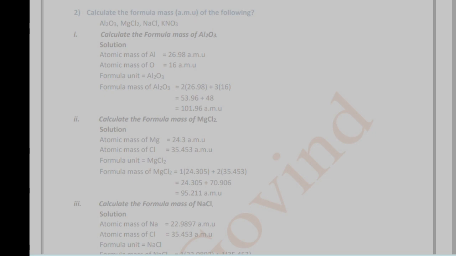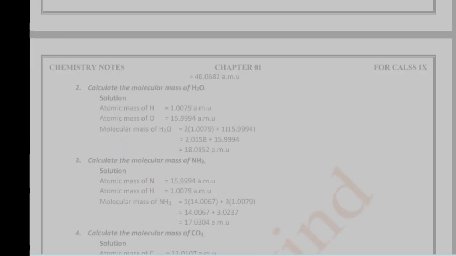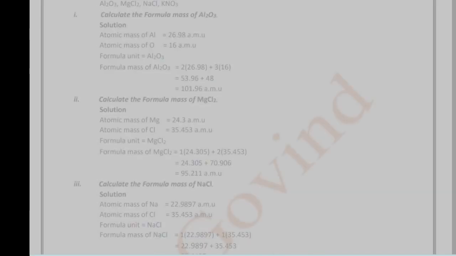Chemistry Notes Chapter 01 for Class 9. Question 2. Calculate the formula mass, in a.m.u., of the following: Al2O3, MgCl2, NaCl, KNO3. 1. Calculate the formula mass of Al2O3.